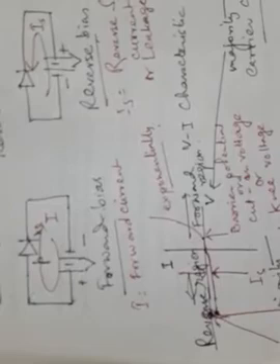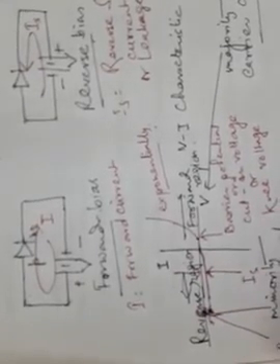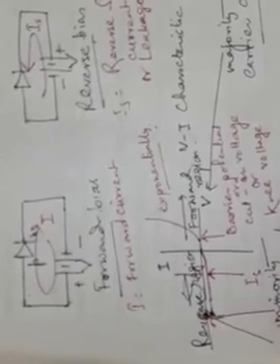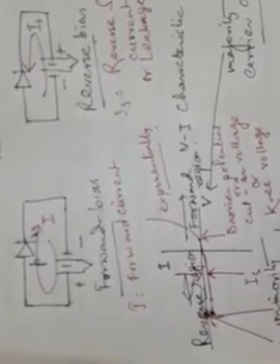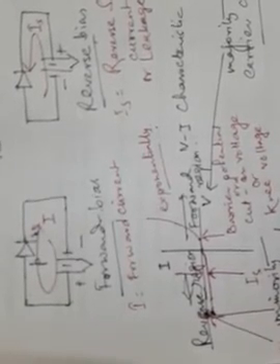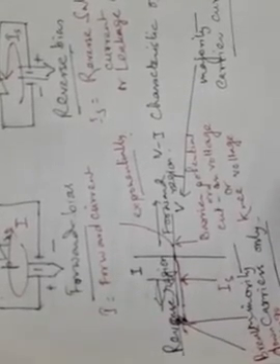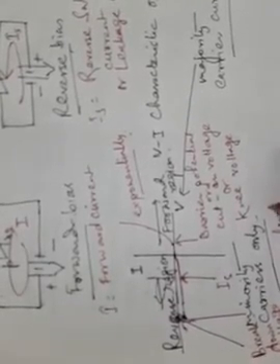This voltage, over and above which the current rises sharply in the reverse direction, is called the breakdown voltage. At this voltage the diode will be destroyed, and this happens because of avalanche breakdown in the diode.